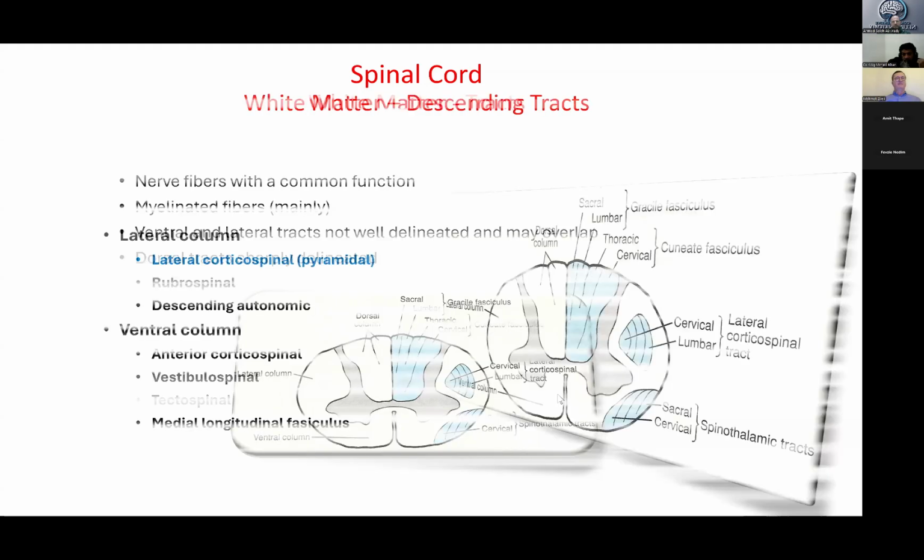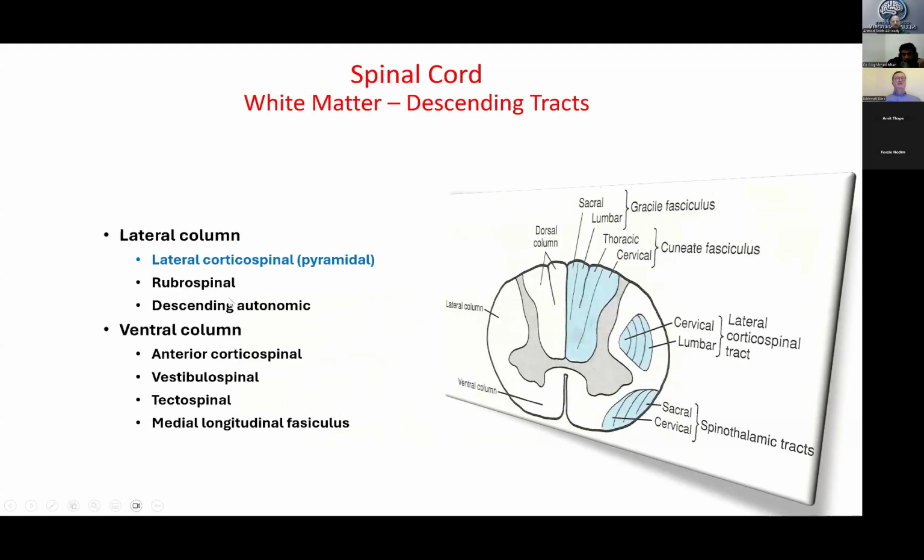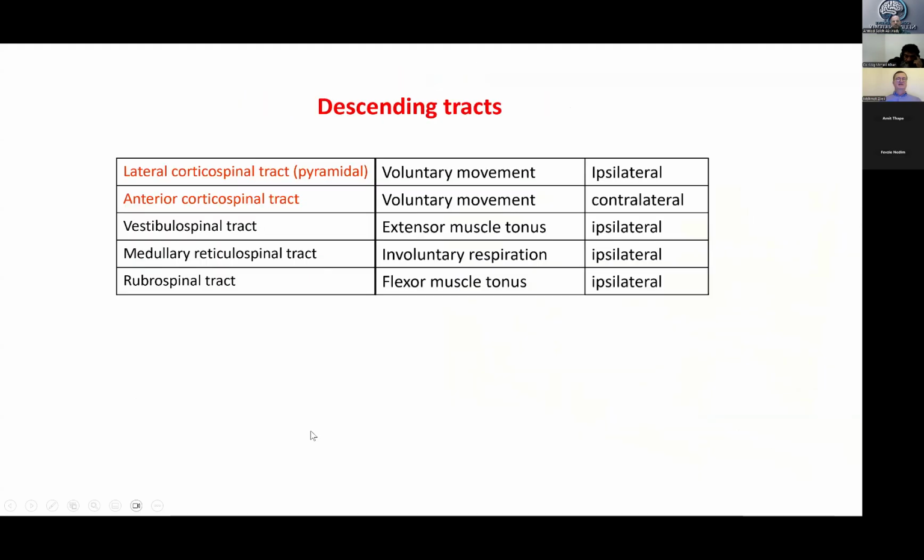And there are also some other tracts which are not clinically significant, although they have been defined by tract staining methods, but their clinical significance is not well known, like the rubrospinal tract, descending autonomic tracts, vestibulospinal tracts, tectospinal tracts, and others.